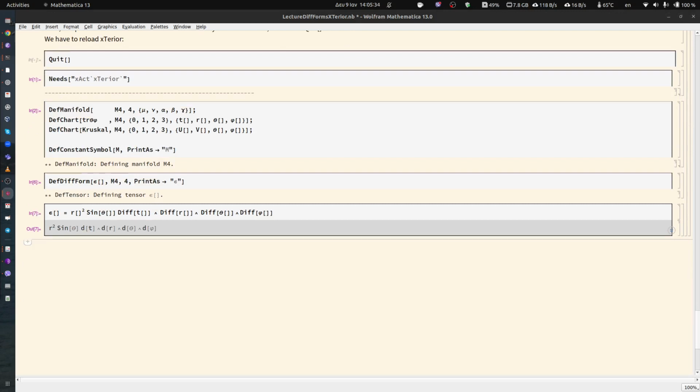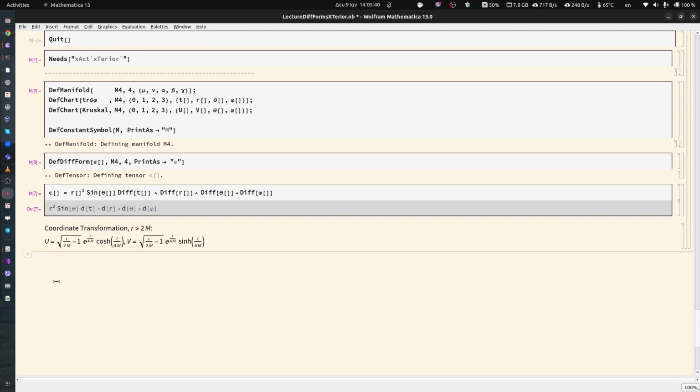Now let's make a coordinate transformation. So the coordinate transformation from the Schwarzschild coordinates to the Kruskal coordinates is given by those expressions, provided that r is greater than 2m.